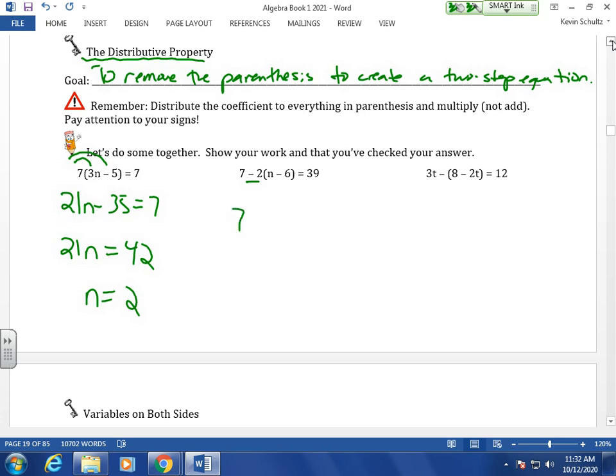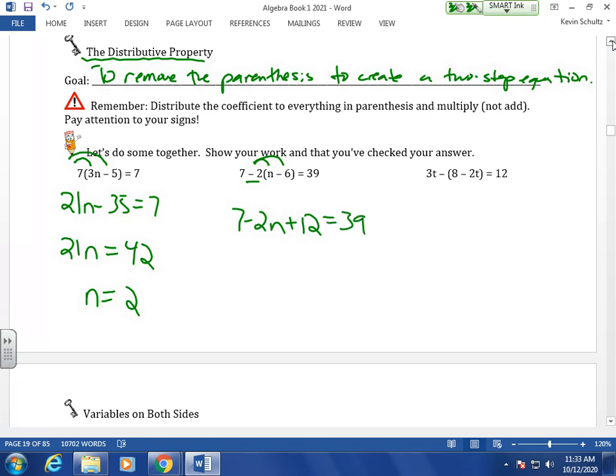We're not using it yet. Negative 2 times n is a negative 2n. Negative 2 times negative 6 is a positive 12. Right? It's that negative 2 belongs to it. We get positive 12, and that equals 39.